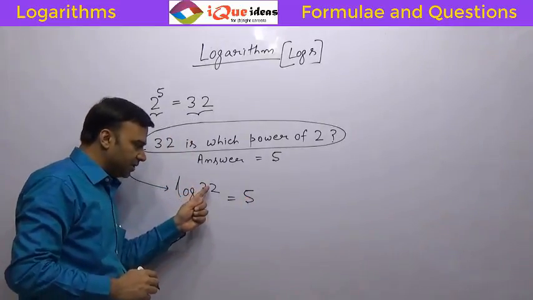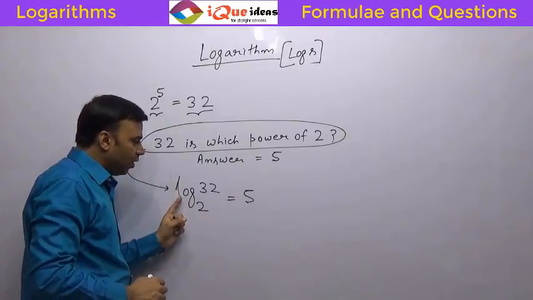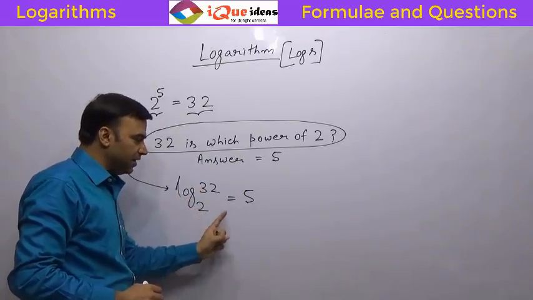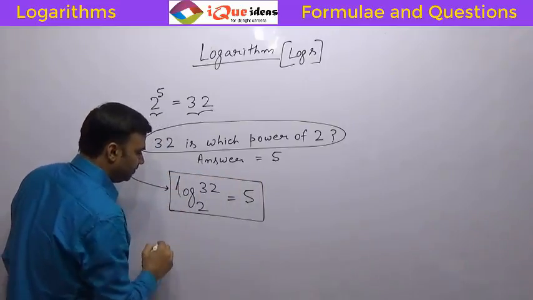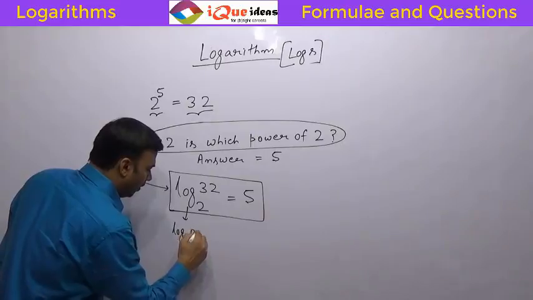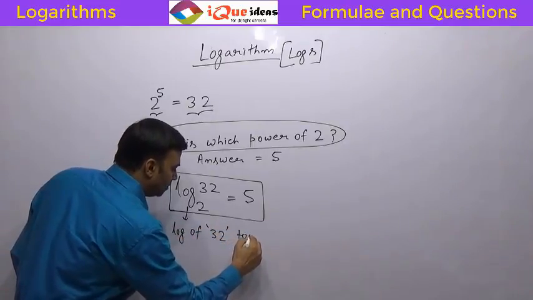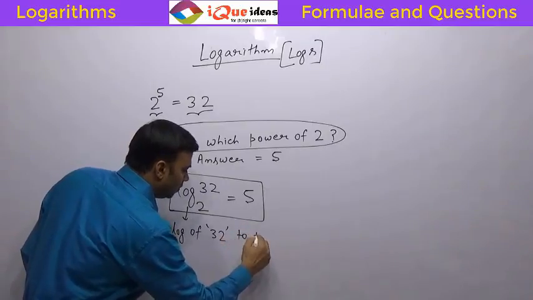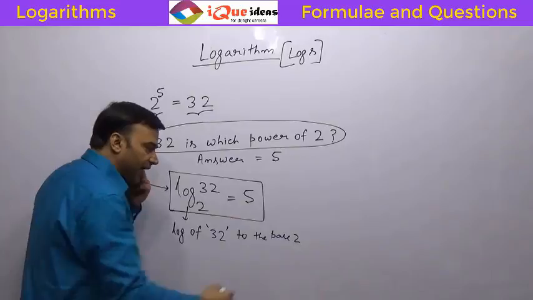Because 32 is 2 raised to the power 5, we say log of 32 to the base 2 is equal to 5. So this expression defines log. How is it read? It is read as log of 32 to the base 2 is equal to 5.